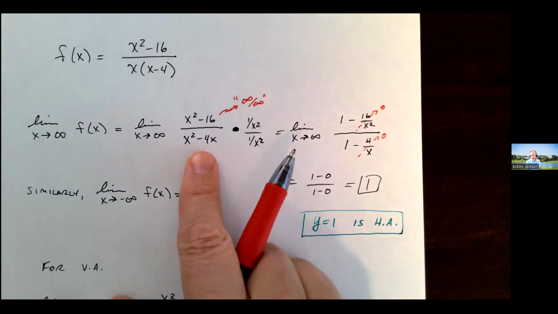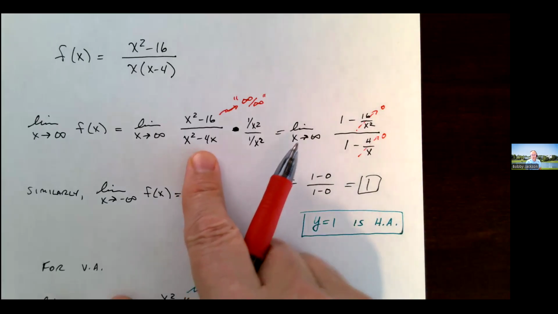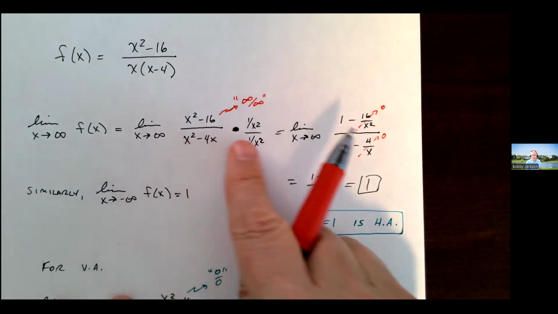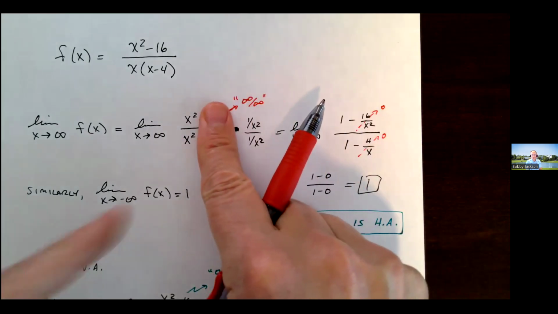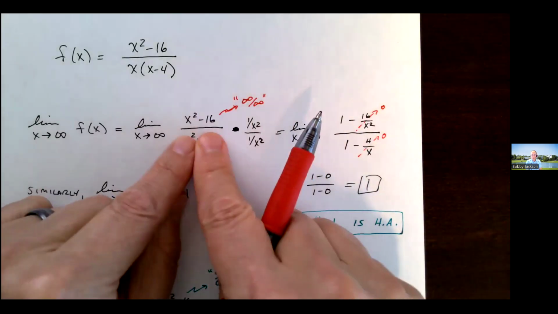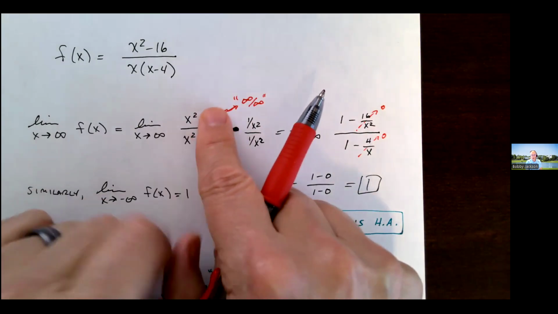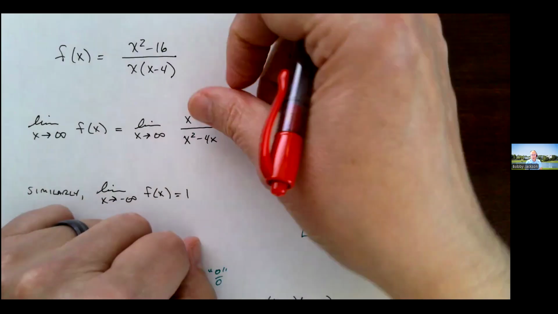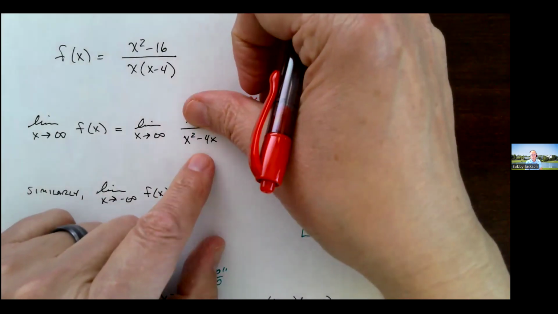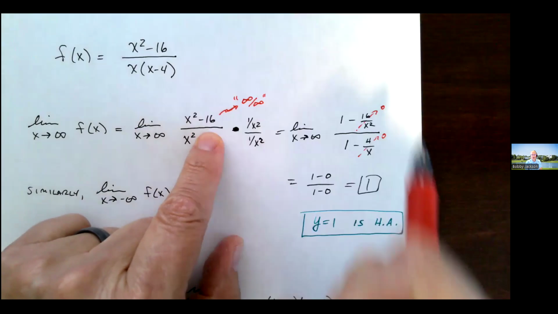Most of you knew that right off the bat, and that's fine. In fact, you can look at this limit and say it's equal to the limit of just what? X squared over x squared, because the end behavior of the top polynomial is the same as x squared, and the end behavior for the bottom polynomial is the same as x squared, the highest degree term.